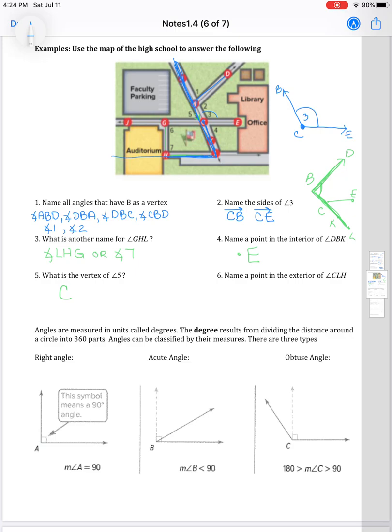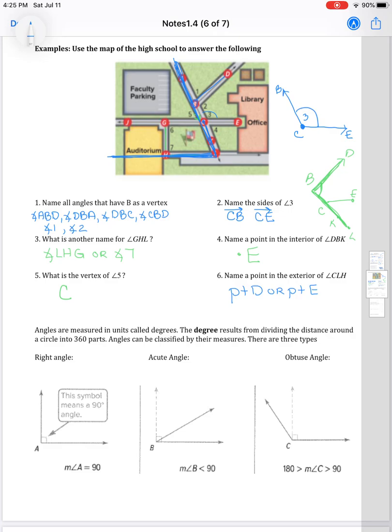They go on forever. But the 2 points, if I continued this line all the way up, and if I continued this all the way through the auditorium, that's the angle we're talking about. If I close that, that would be considered interior, but I need something sort of behind it. And that would be either point D or point E, because again, they fall behind where the angle is.